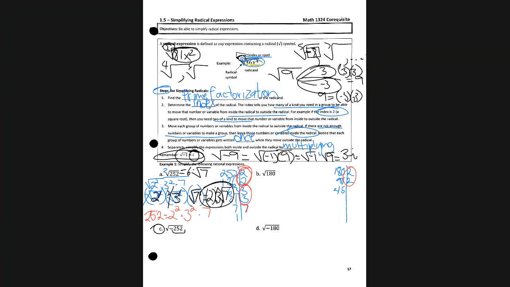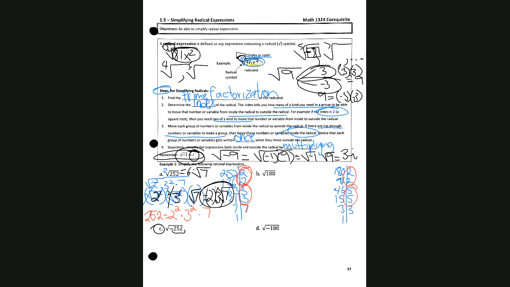45 could be divided by 5, and that will give me 15. Now 15 could also be divided by 5, and that will give me 3. Now 3 is a prime number itself, so it can only be divided by 3 or 1. So if we divide by 3, we get 1. And now here we have another group, 5 and 5, so that will be 5 squared.